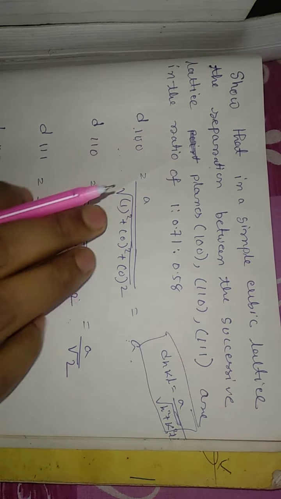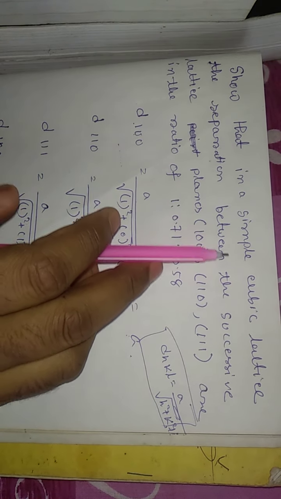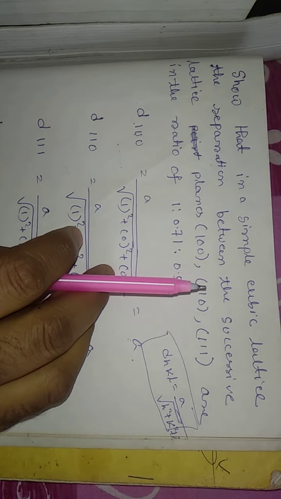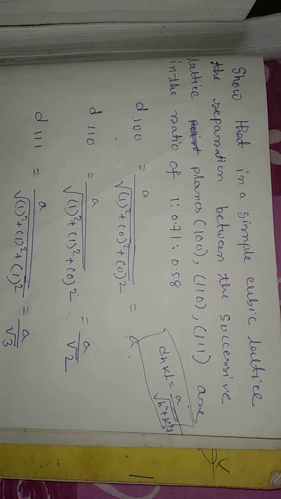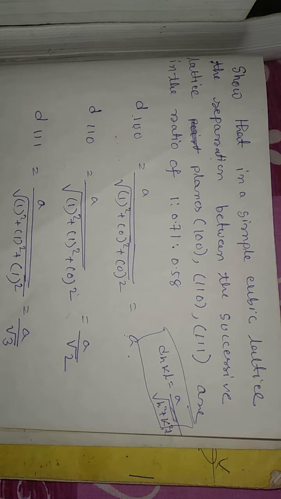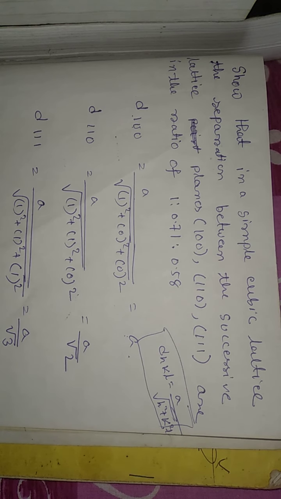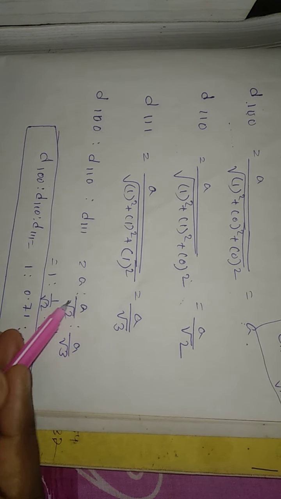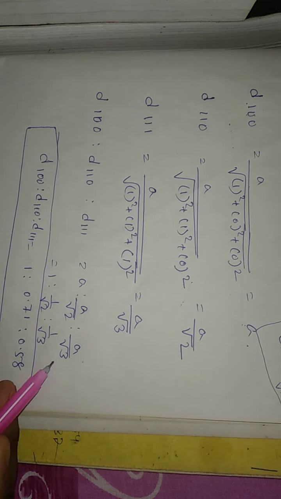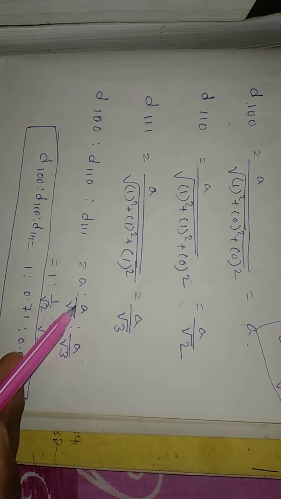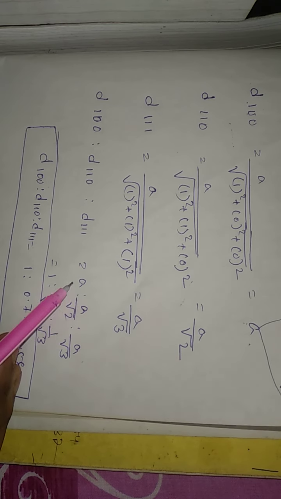Now you have to prove that for a simple cubic lattice, the separation between successive lattice planes is in the ratio of 1 to 0.71 to 0.58. So d100 is to d110 is to d111 is equal to a is to a by root 2 is to a by root 3. In these expressions a is common, so a will be cancelled.